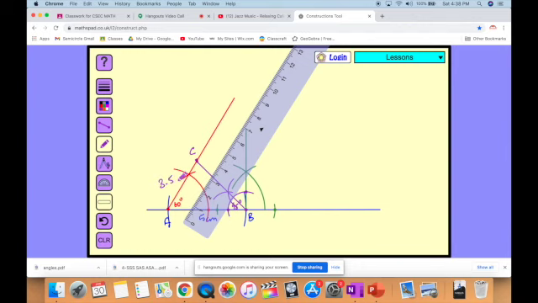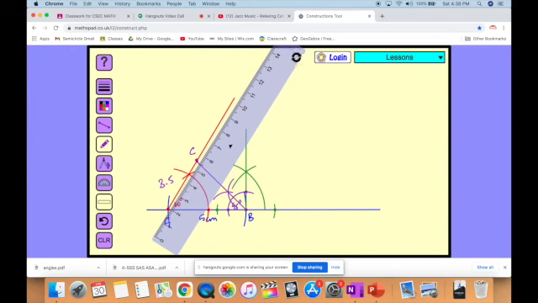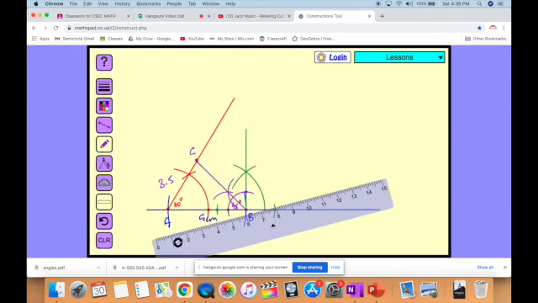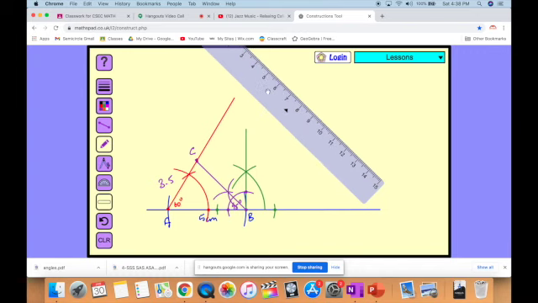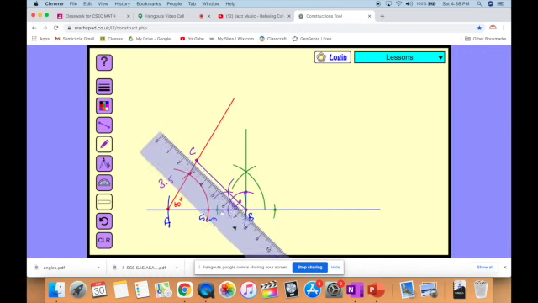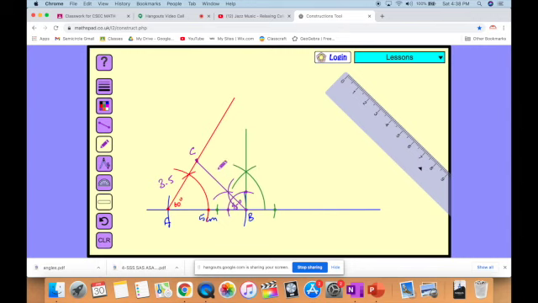And you guys remember, everybody will get a slightly different answer depending on how sharp your pencil is and how accurate it is, right? So not everybody will get exactly 3.5, but if you did it correctly, you should get around there. And then for this side, what do I get? I get around 4.5. So this side is around 4.5, right?